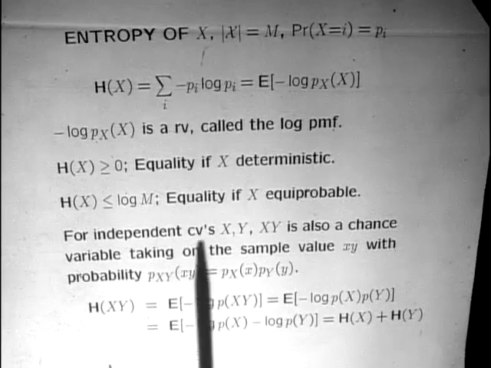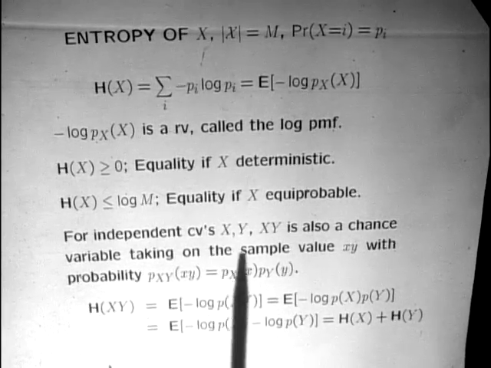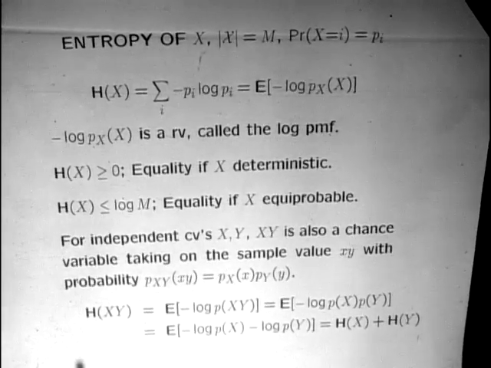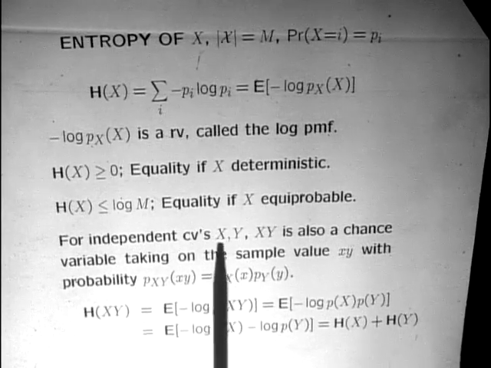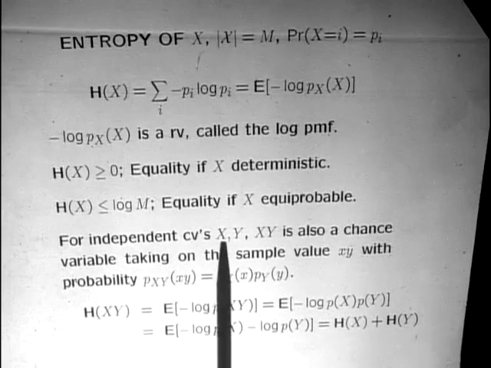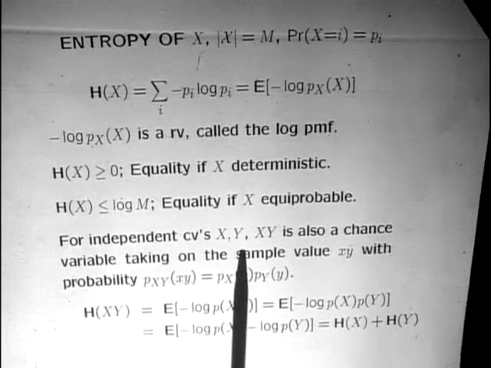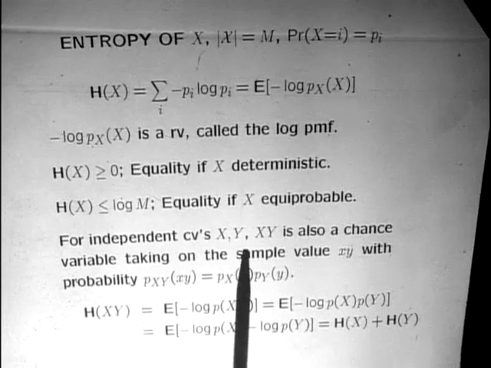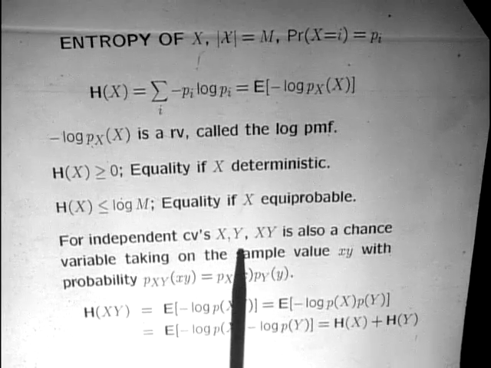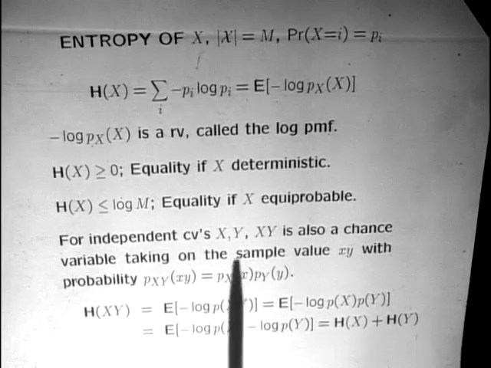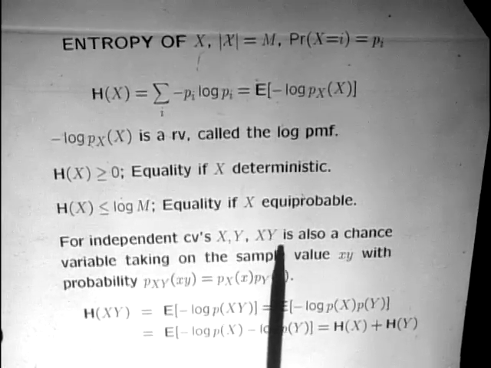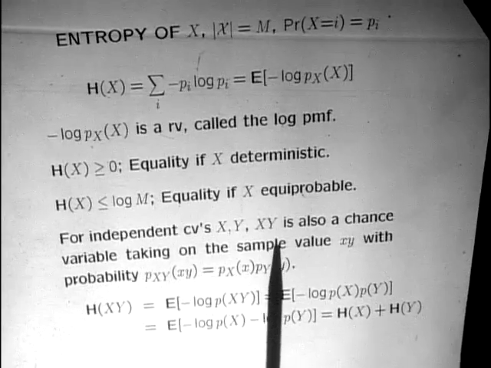If you have two independent chance variables, say x and y, then the choice, or the sample value of the chance variable x and the choice of the sample value y, together that's a pair of sample values which we can view as one sample value. In other words, we can view x, y as a chance variable all in its own right.